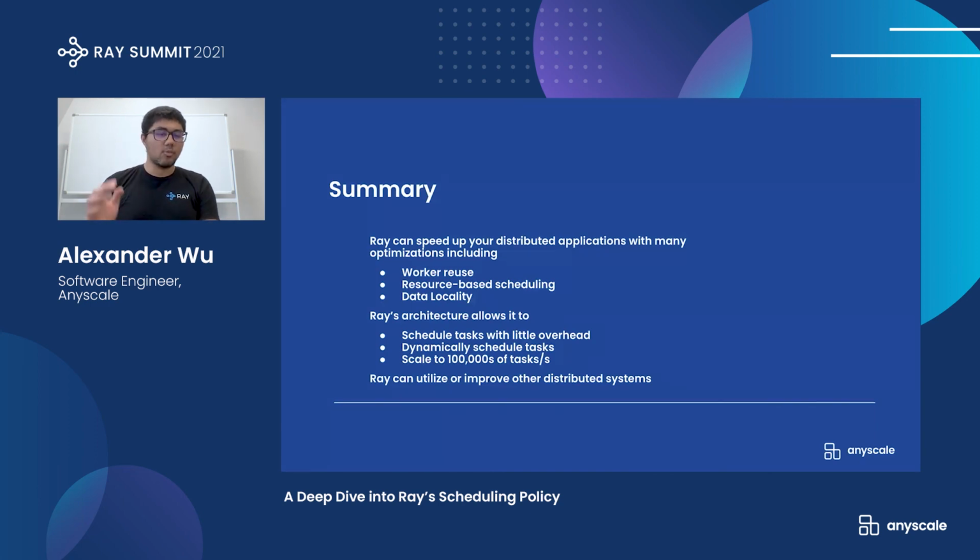So we've talked about worker reuse, resource-based scheduling, and data locality, and we've shown how Ray's architecture can allow you to get all of these features with very, very little overhead in scheduling. It's able to schedule tasks dynamically. And we can scale out to hundreds of thousands of tasks per second, and hopefully even more in the future.